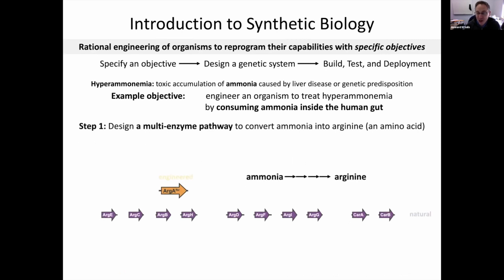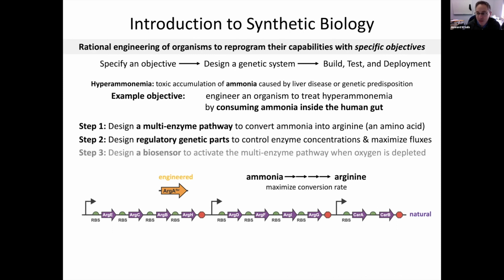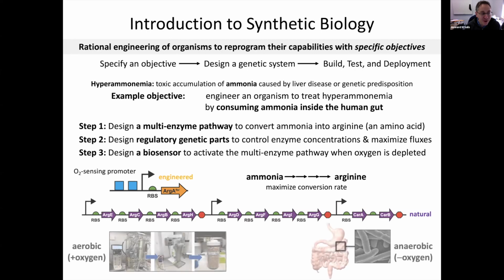That's something that's interesting for people who do know what synthetic biology is. And that is, typically when we start off with a project, we specify an objective. And here I'm giving an example where the objective is to treat a metabolic disease in people called hyperammonemia, which is the toxic accumulation of ammonia in the blood caused by liver disease or a genetic predisposition.